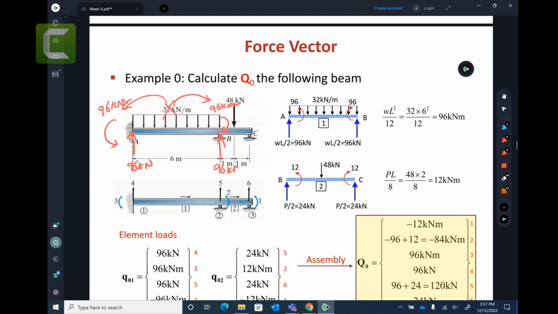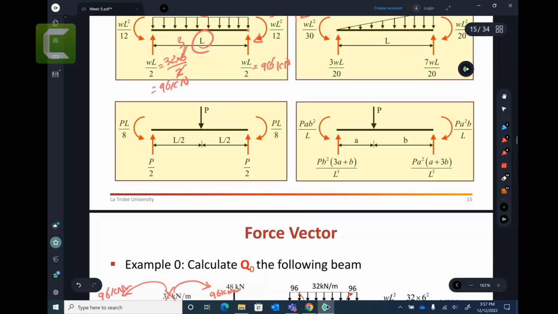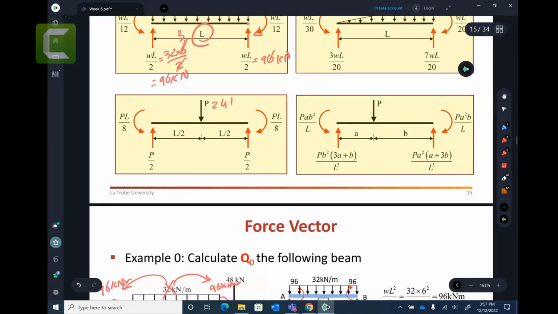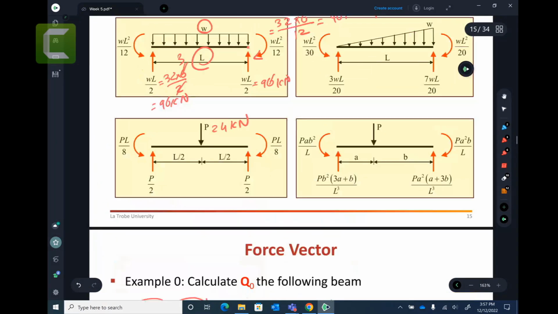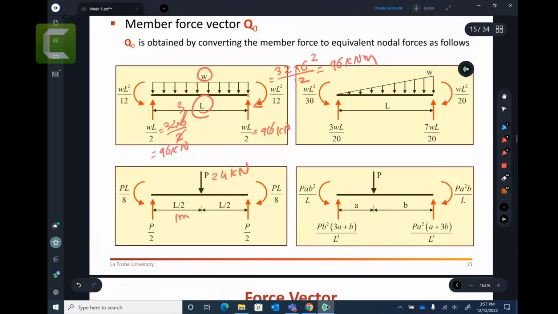Now, similarly, you will have 48 kilonewtons. For 48 kilonewtons, you have 24 kilonewtons, 24. We can reuse these figures: you have 24 kilonewtons here, and this is 1 meter, and this whole length is 2 meters. So P by 2, which is 24 divided by 2, is 12 kilonewtons, and likewise 12 kilonewtons.